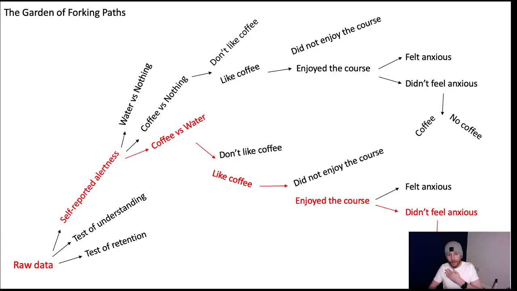Okay, the point that you should take away from this is that even though science tries to be objective, there are many, many subjective and many reasonable decisions that all could be justified when you're analyzing your data. It might be perfectly justifiable to exclude participants that didn't enjoy the course or don't like coffee.